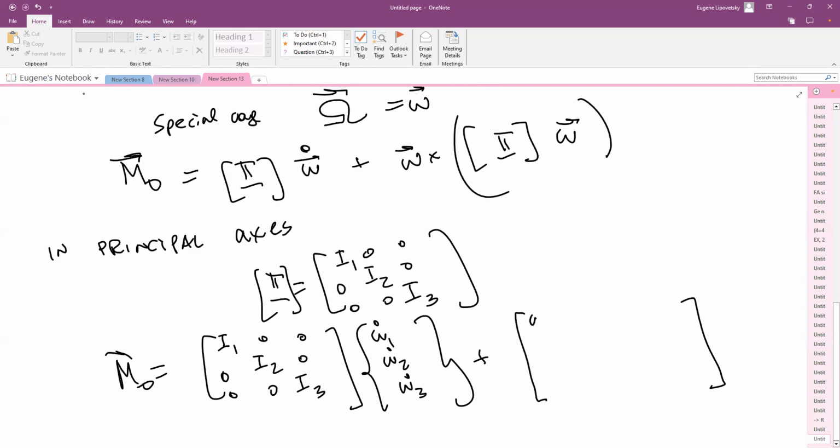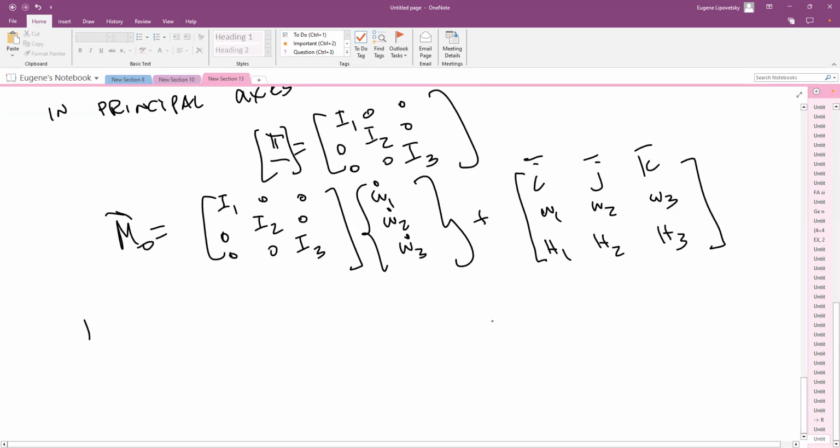It's going to be i, j, k, omega 1, omega 2, omega 3, and this will be H1, H2, H3. These are components of the angular momentum.